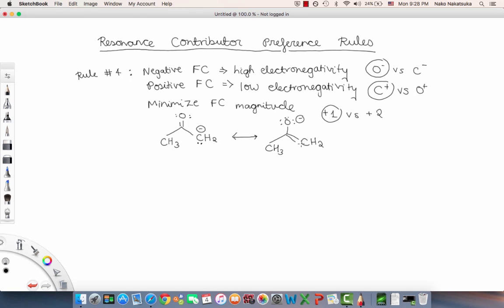In this case, carbon has a negative charge for this structure. In this case, oxygen has the negative charge in this structure.